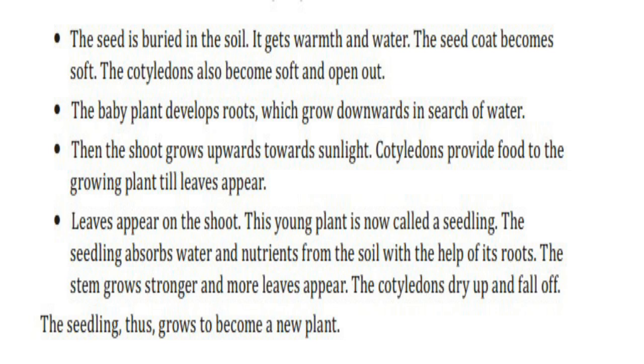The roots help the seedling to absorb the water and nutrients from the soil. The stem grows stronger and more leaves appear. The cotyledons dry up and fall off. The seedling thus grows to become a new plant.